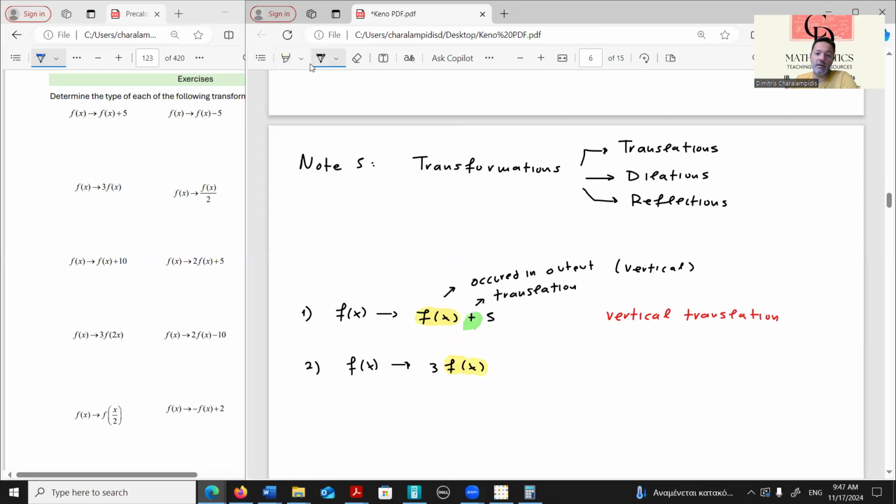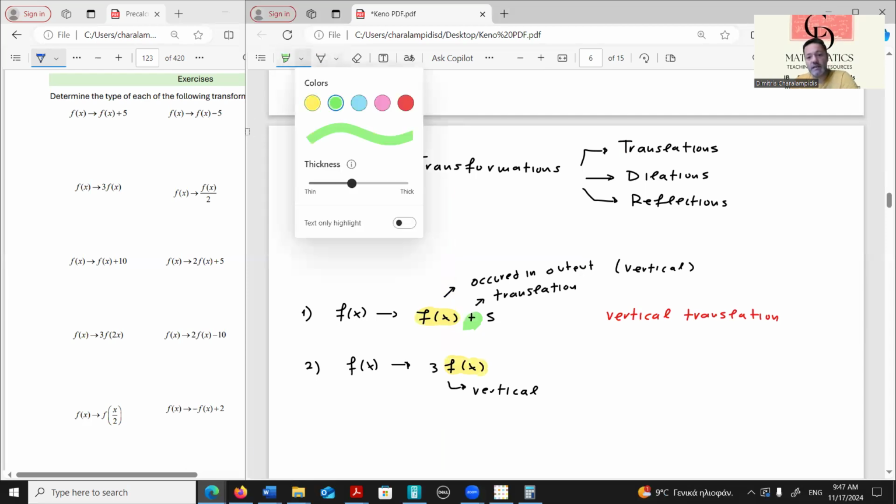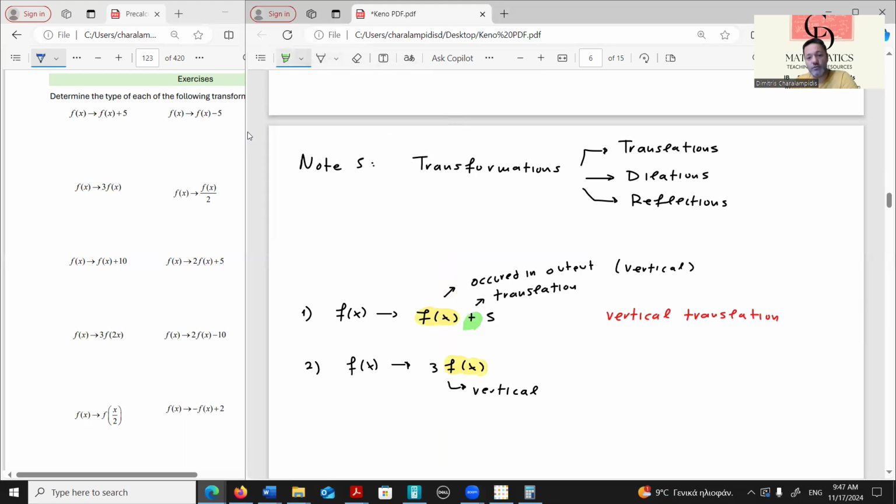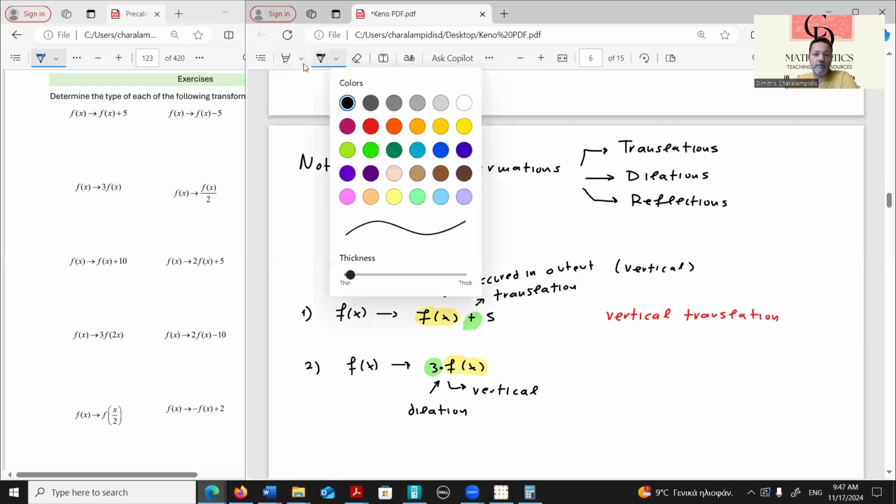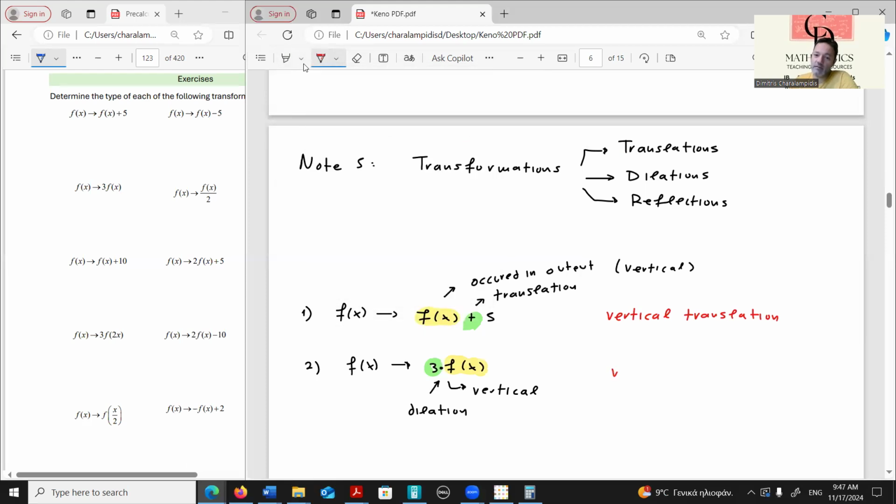So once again, it should be a vertical because it was applied in the output, but this time we had a multiplication, which means that it can be described by a dilation. So this would have been expressed as a vertical dilation.